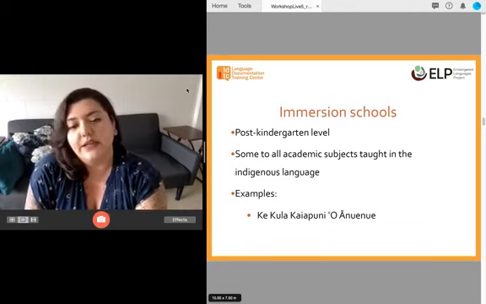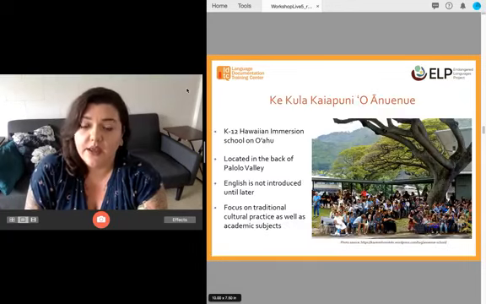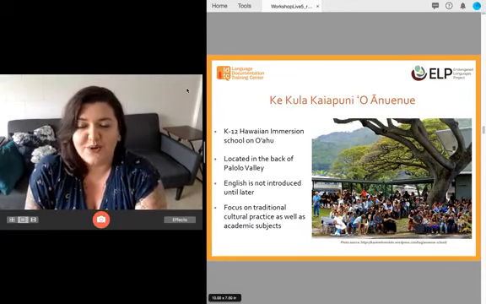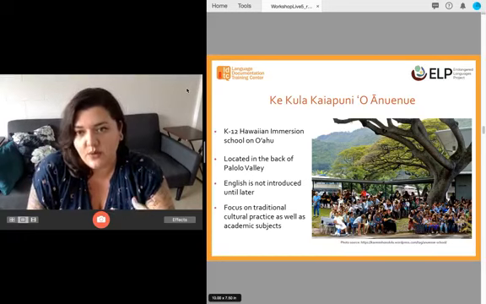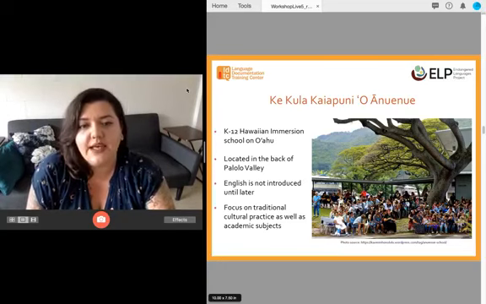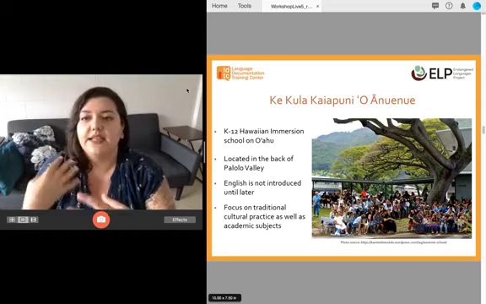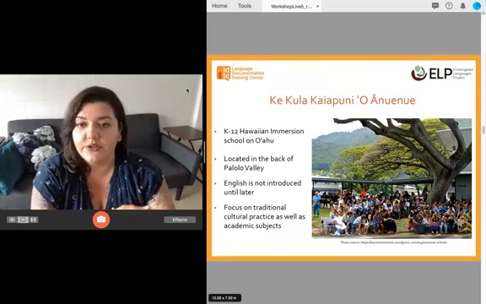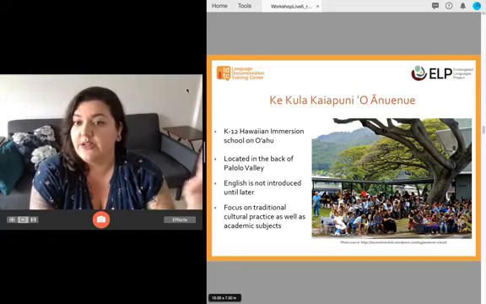An example here from Hawaii again is Ke Kula Kaiapuni o Anuenue, or just Anuenue for short. It's a K through 12 Hawaiian immersion school on this island, Oahu, where I'm at, located in the back of Palolo Valley. They start off full immersion, completely in Hawaiian. Then as the children get older and further into the program, they start introducing English and different subjects later on.